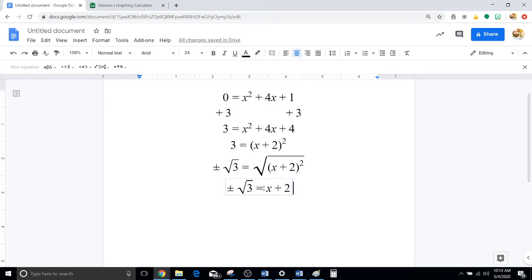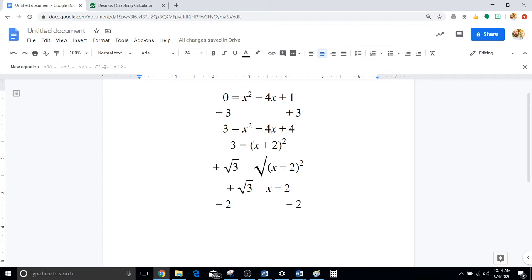The last step is to isolate our x. We can do that by subtracting 2 from both sides. The positive 2 and negative 2 cancel out, giving us x on the right, and negative 2 is stuck onto the end of this equation.